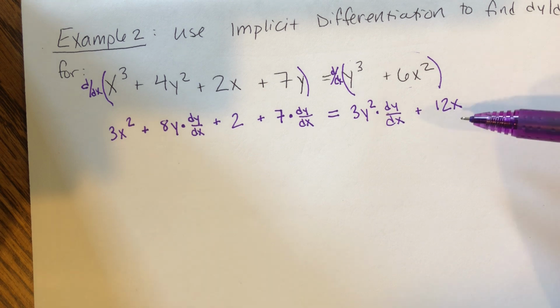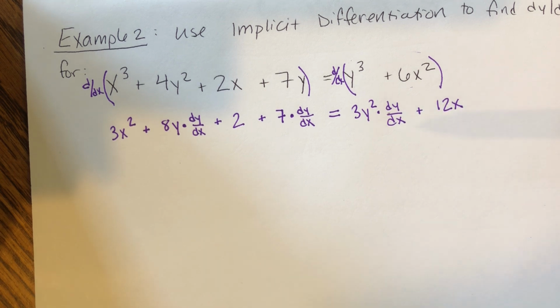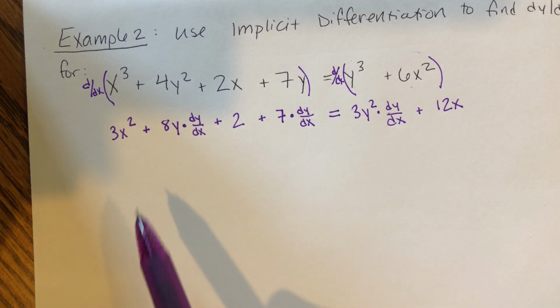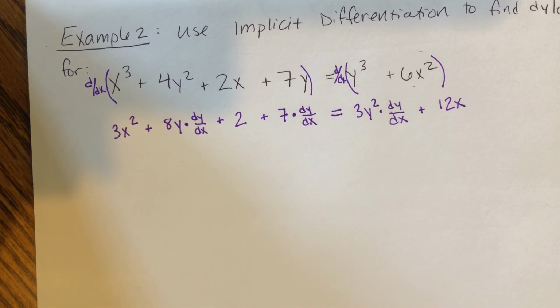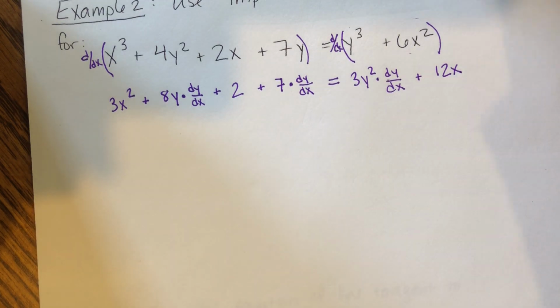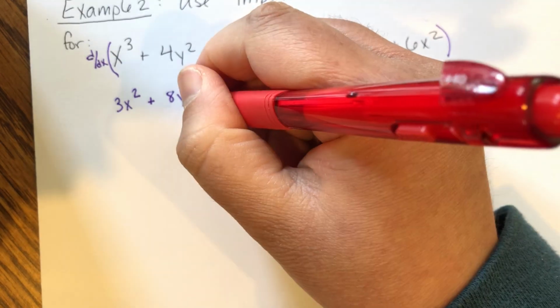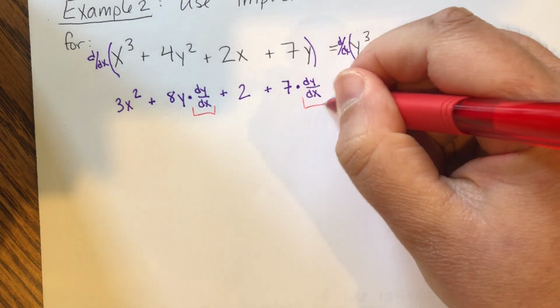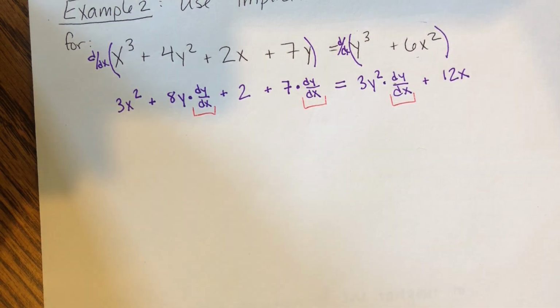And from here, it's just a matter of solving for dy dx, getting all the dy dx's together on one side of the equation. Now, I hate writing dy dx over and over again, so just for simplicity's sake, anytime you see dy dx, instead of writing it out, I'm just going to write y prime because it makes my life a little bit easier.